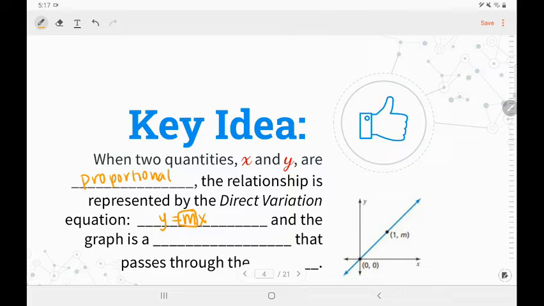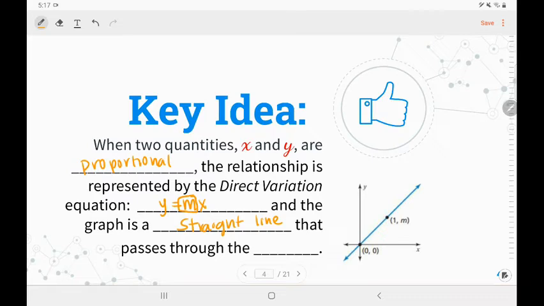And the graph is a straight line that passes through right here at 0, 0, and the special name for that is the origin. So key idea, whenever we're talking about something being proportional, that is the same thing as calling it direct variation.